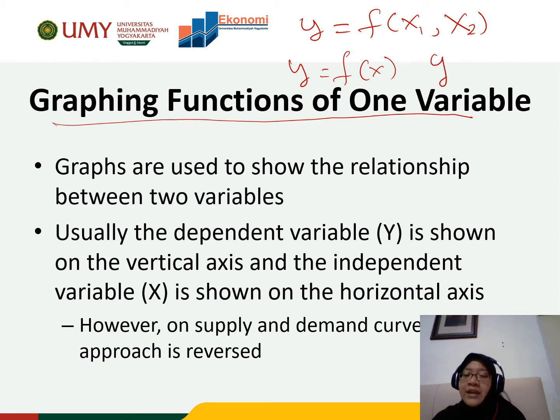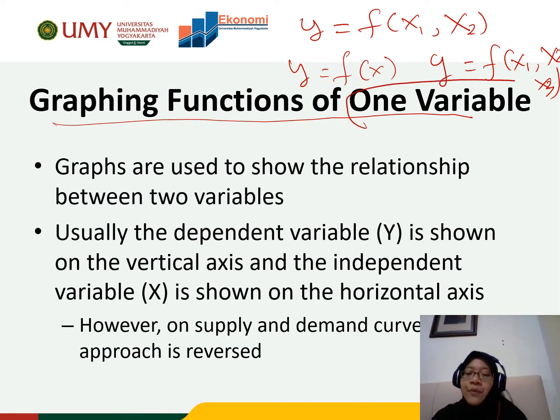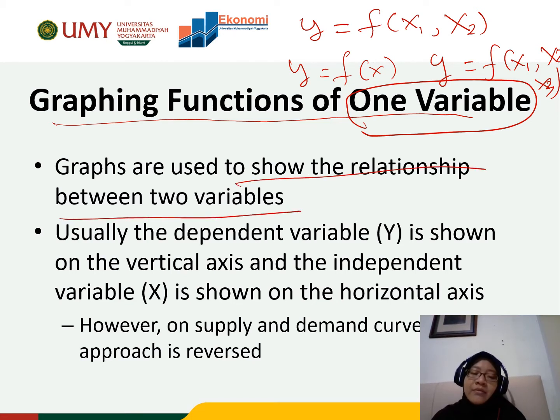Or for three, y equals f(x1, x2, x3), and so on. But now we are focusing on one variable first. The graph we use shows the relationship between two variables.